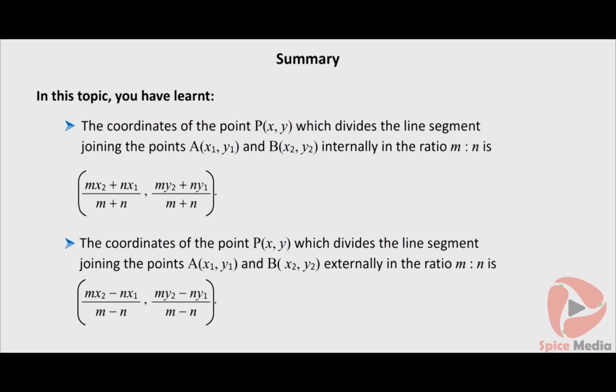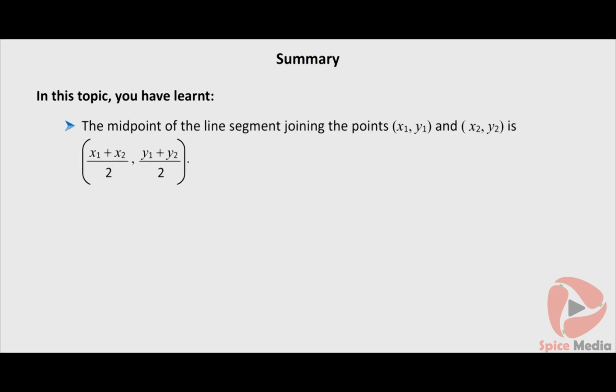The coordinates of the point P(x, y), which divides the line segment joining the points A(x1, y1) and B(x2, y2) externally in the ratio m:n is (mx2 - nx1)/(m - n), (my2 - ny1)/(m - n). The midpoint of the line segment joining the points (x1, y1) and (x2, y2) is (x1 + x2)/2, (y1 + y2)/2.